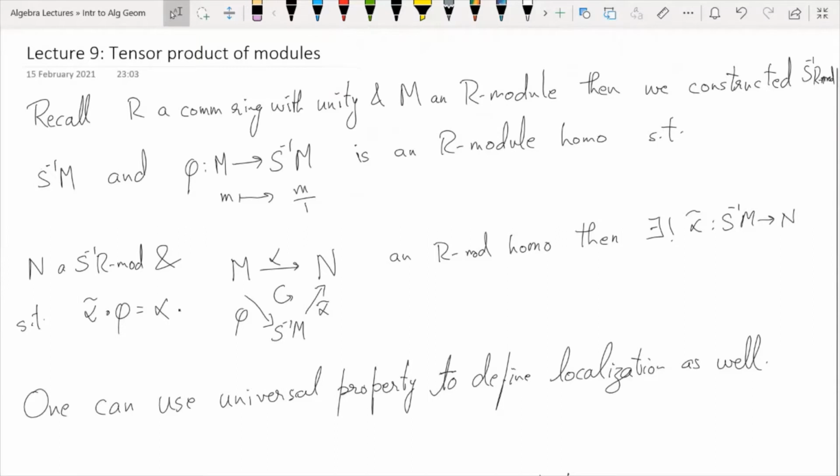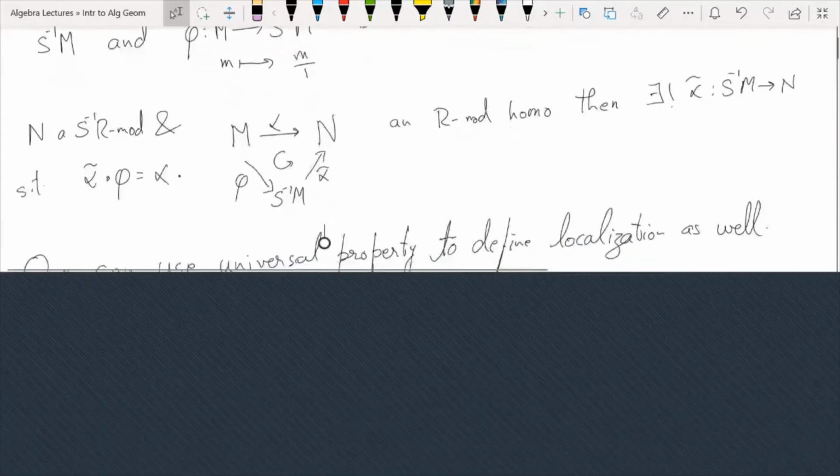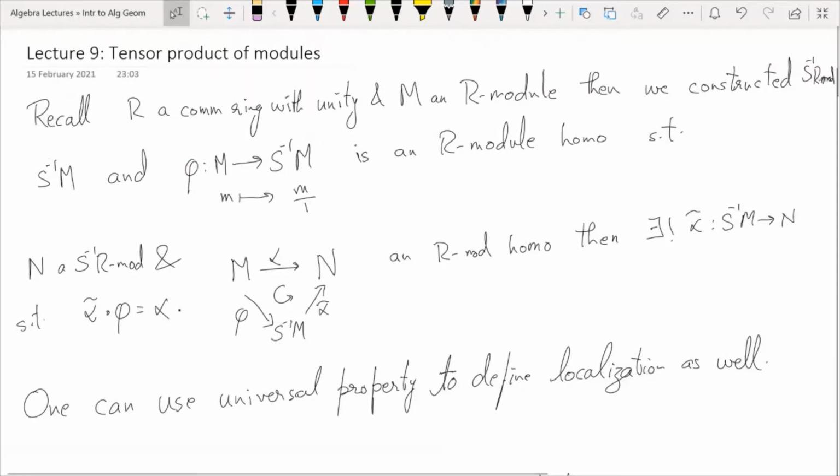Then you know that it exists, and you can show that it's unique as well because of this universal property. There is a standard trick, which we will do for tensor product, and in the same way you can show that if you define localization with respect to the universal property, it also is unique.